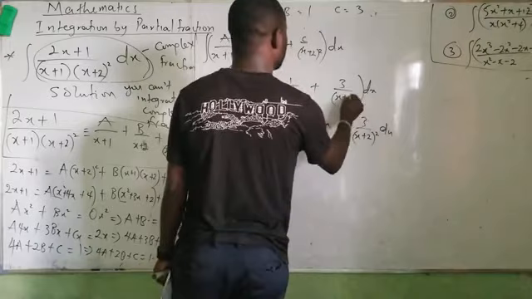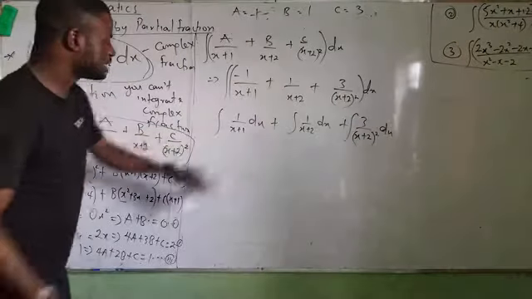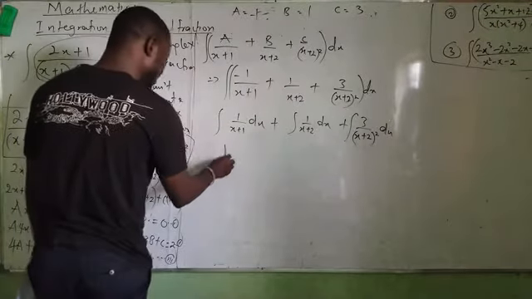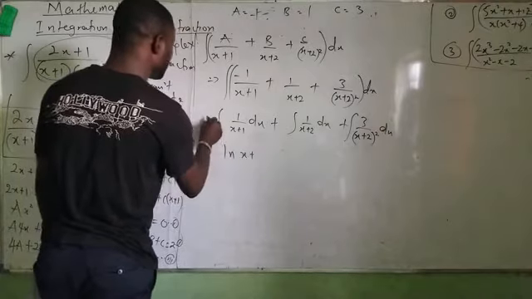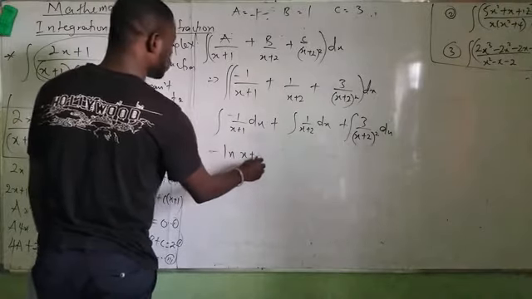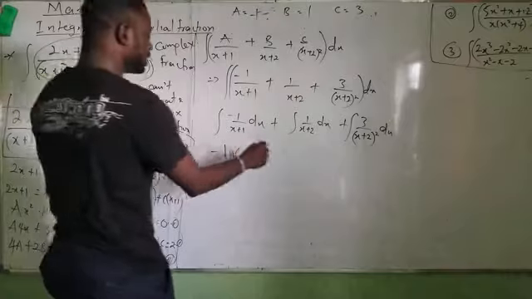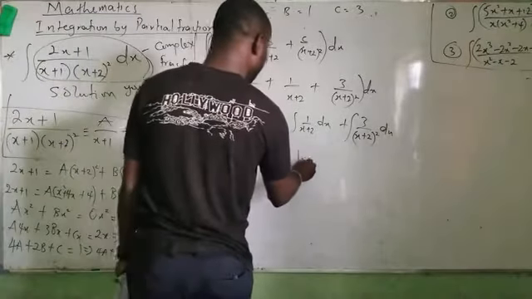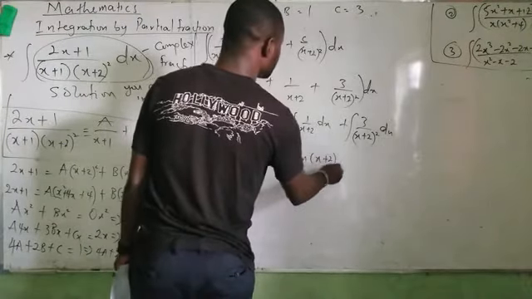Now, when I integrate this, I'll be having minus ln of x plus 1, plus ln of x plus 2.